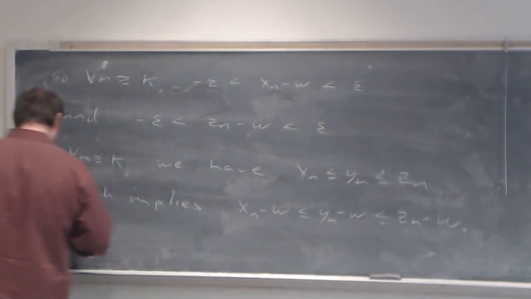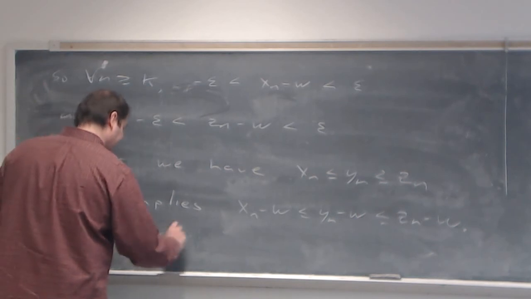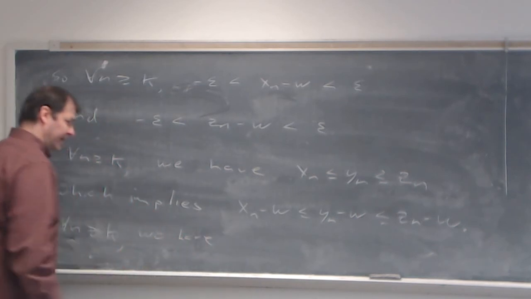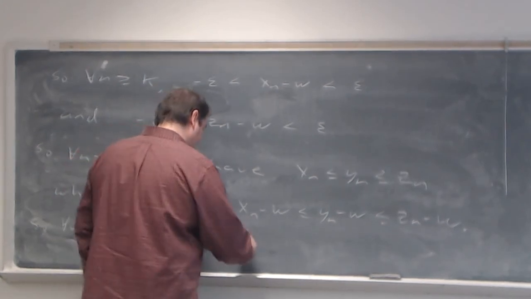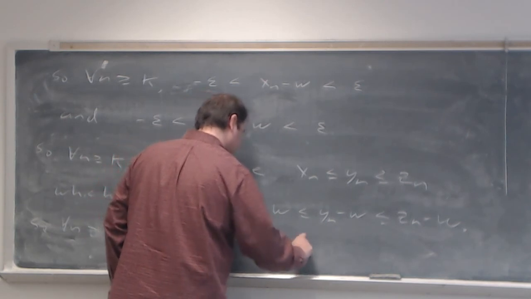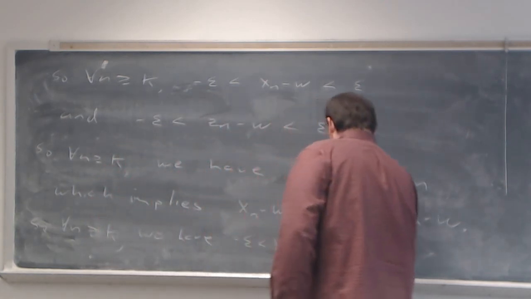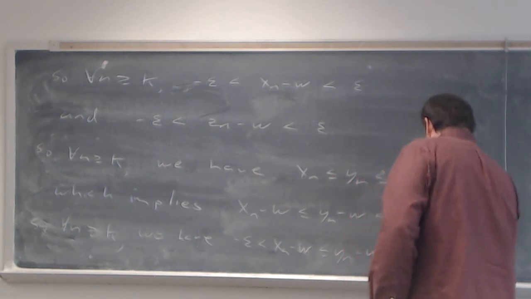So for all n bigger than or equal to k, we have, now this statement isn't true for all n's, only the ones bigger than or equal to k: minus epsilon is less than x sub n minus w, which is less than or equal to y sub n minus w, which is less than or equal to z sub n minus w, which is less than epsilon.